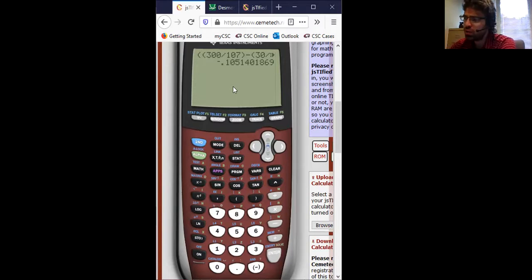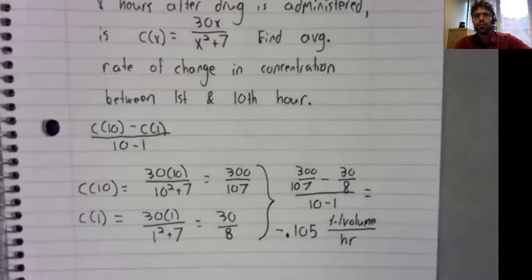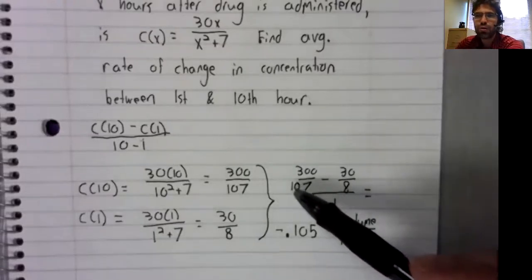Negative 0.105 per hour. So as I said at the beginning, it's pretty plug and play if you can just avoid making minor errors, like I had that copying error there.